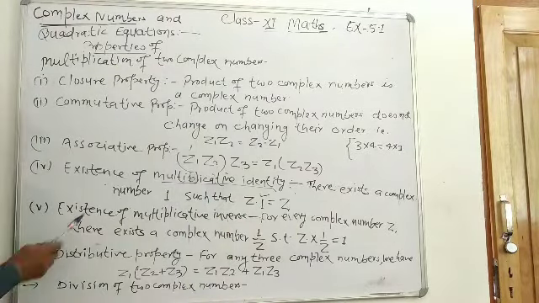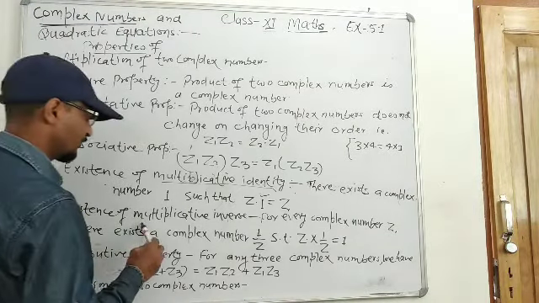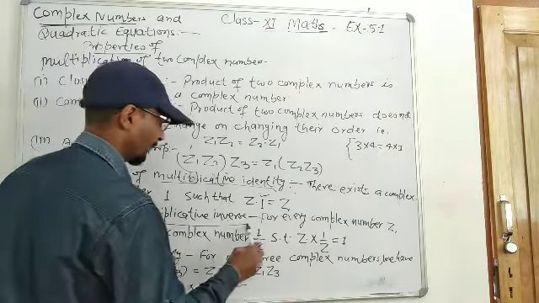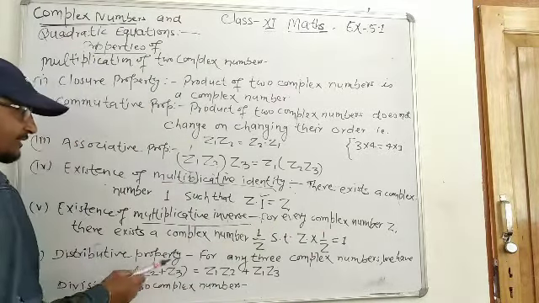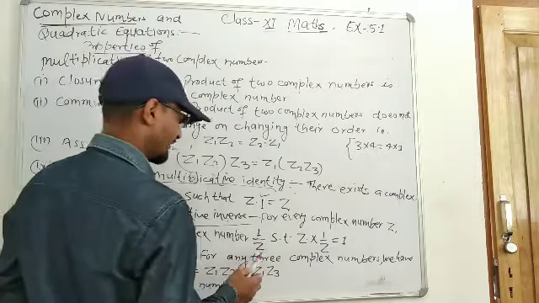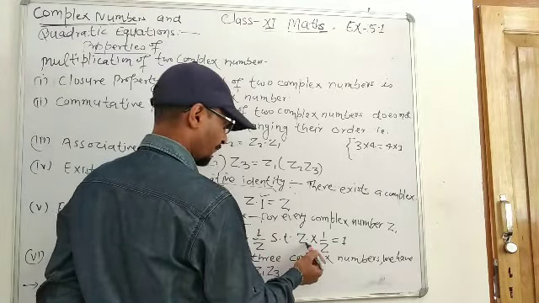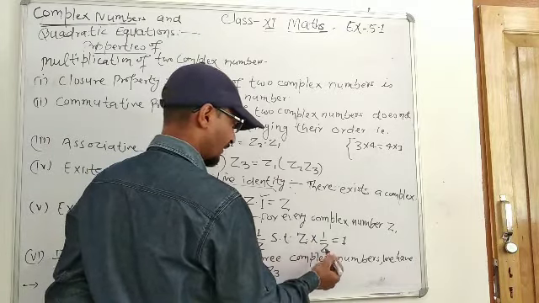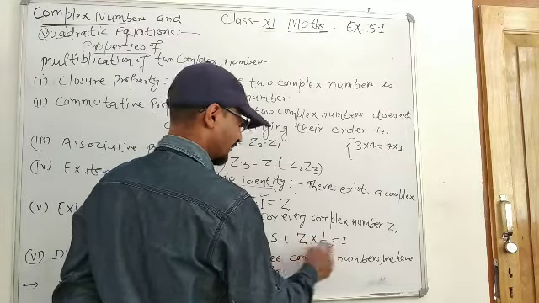Number 5, existence of multiplicative inverse. Most important thing here: what is the multiplicative inverse? For example, 2 has inverse 1 by 2, and the inverse of 1 by 2 is 2. So for every complex number z, there exists a complex number 1 by z such that z into 1 by z equals 1. The inverse of z is 1 by z, because if z is multiplied by 1 by z, z cancels and we get 1.